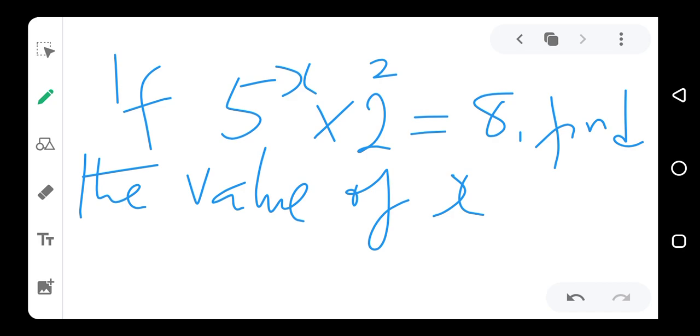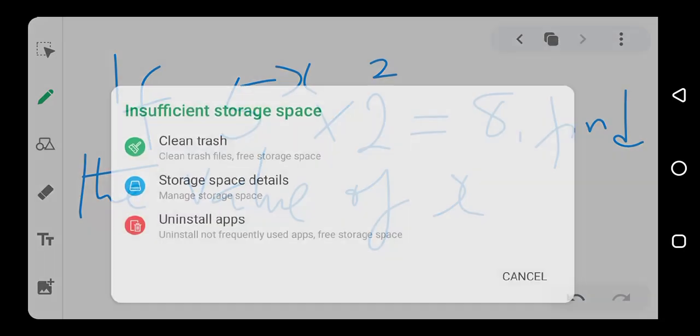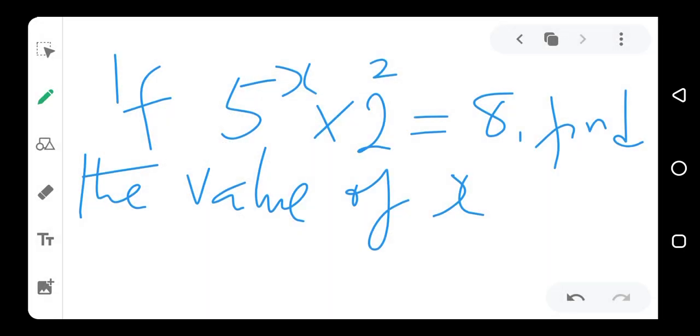What are we going to do? We follow the same simple steps. I'm just taking it gradually, moving up from simple to complex. We multiply the bases and add the powers. So 5 times 2 is equal to 10, so 10 raised to power x plus 2.